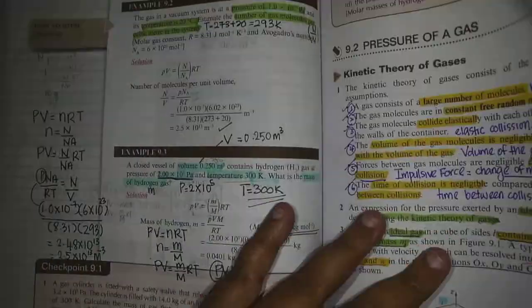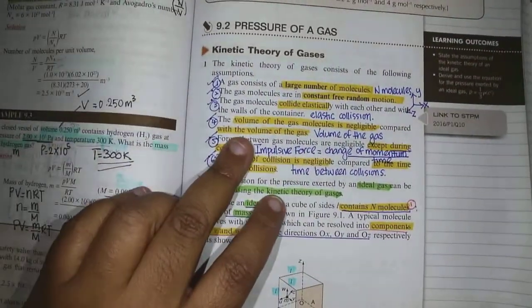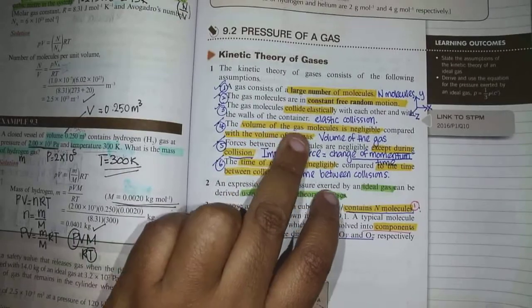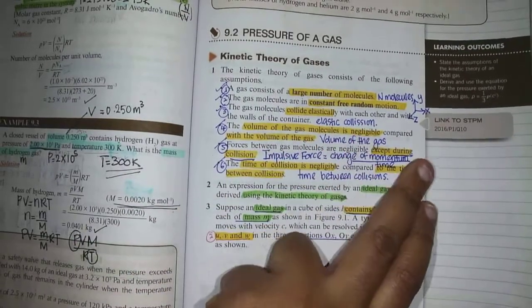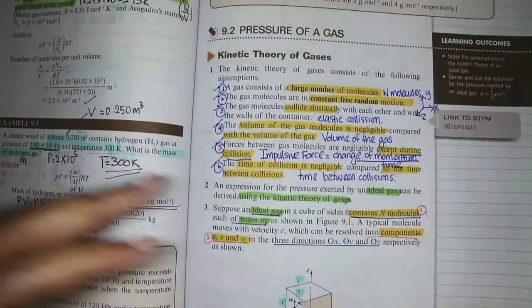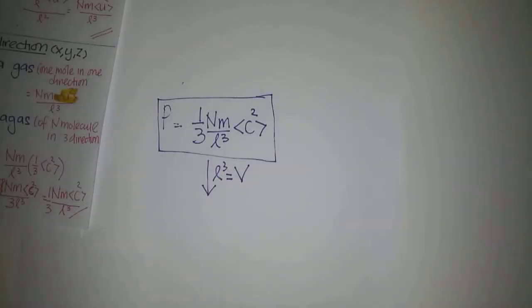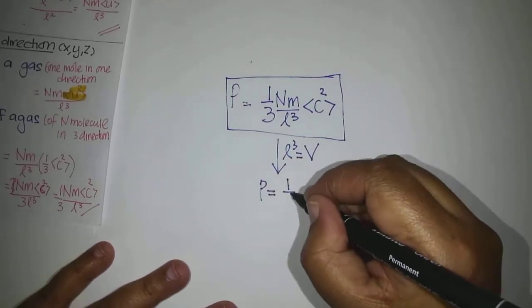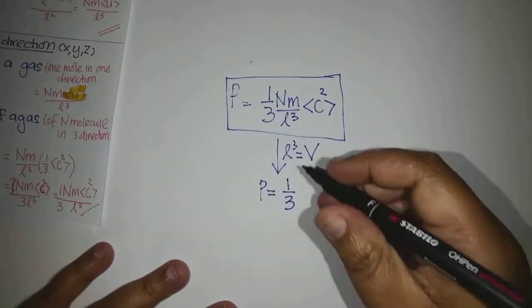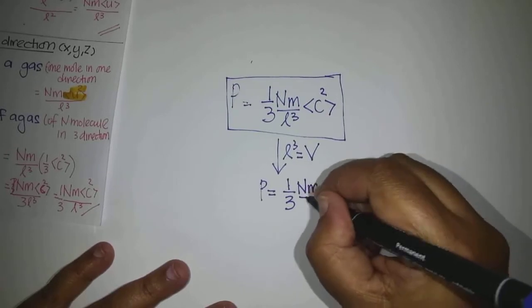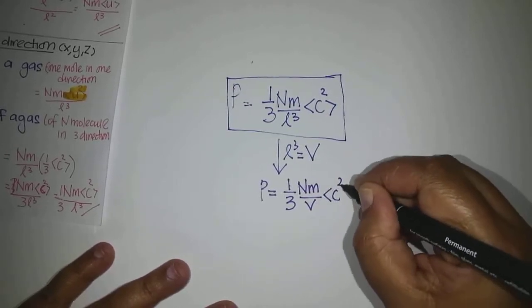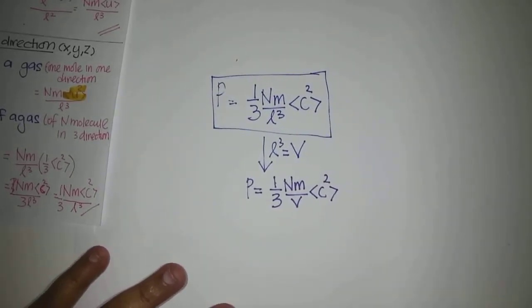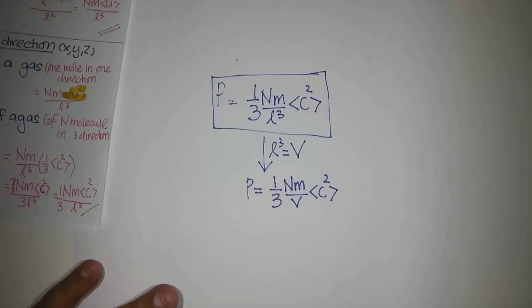That's why in the kinetic theory of gases, number 4 says the volume of the gas molecules is negligible compared with the volume of the gas, so we are only interested in the volume of the gas. So the pressure of a gas equals 1/3 N m per volume times mean square speed.